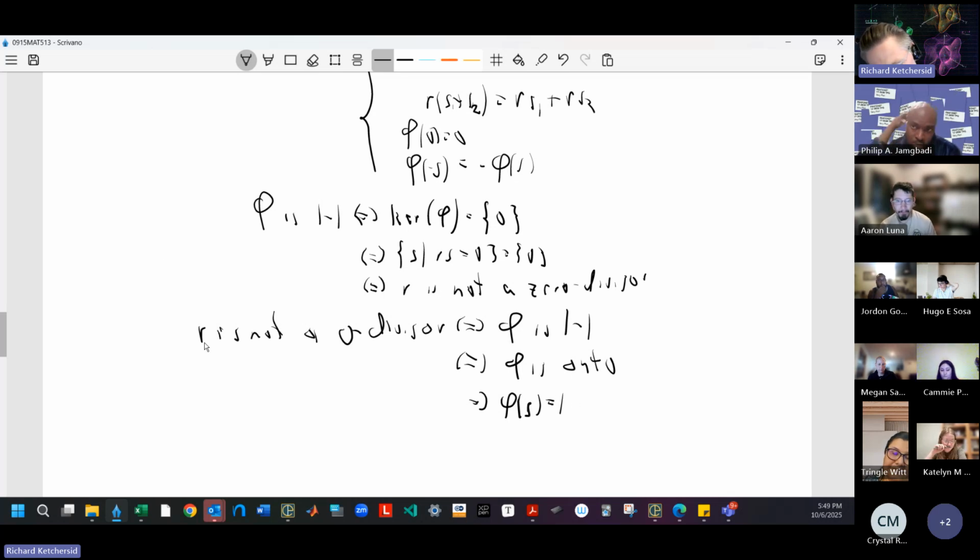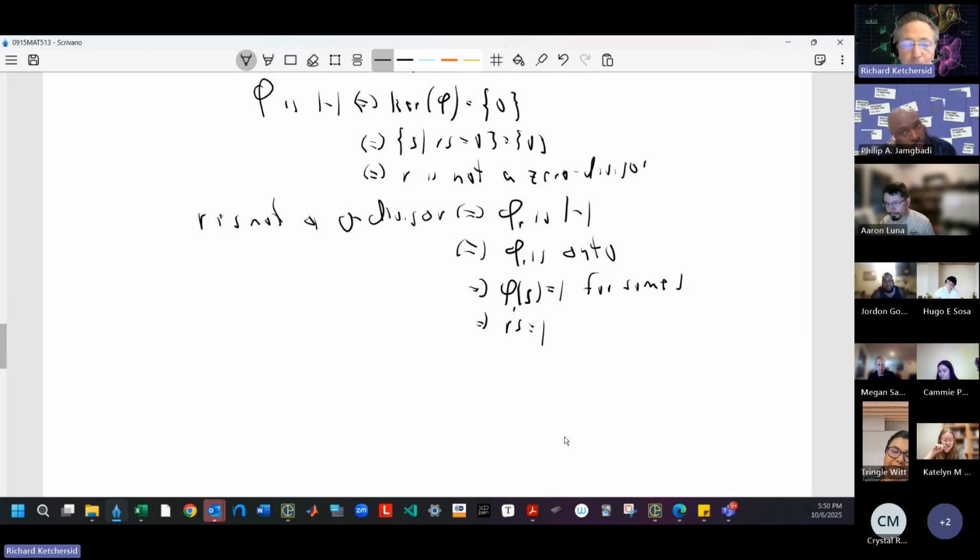And I've got to say, I was calling this phi of R, right? For some S. Right, and that implies that RS equals 1. Right? So if we were assuming commutativity, then we're done, right? We have an inverse. All right, if we're not assuming commutativity, then you need to do something else to also argue that SR equals 1 for the same S, right?